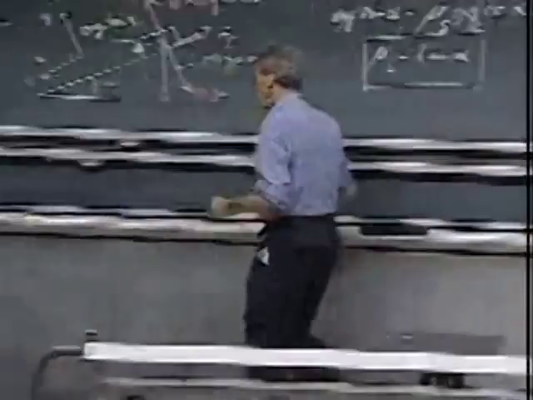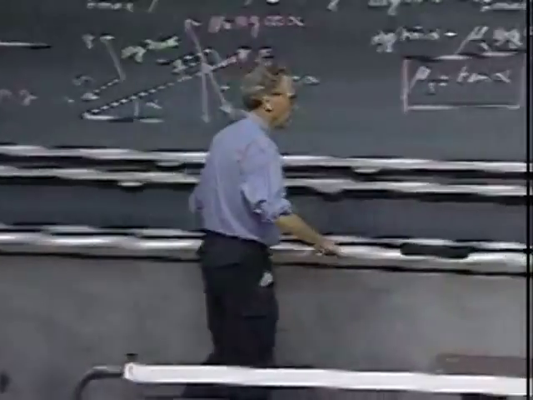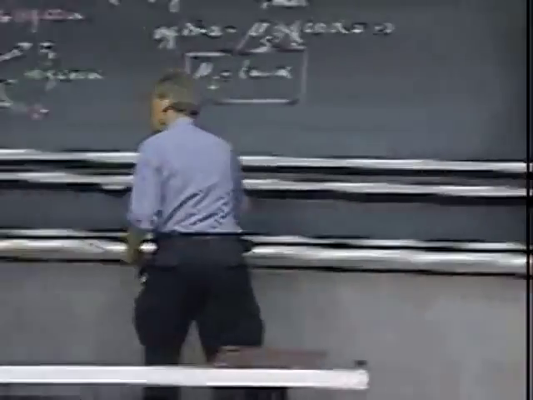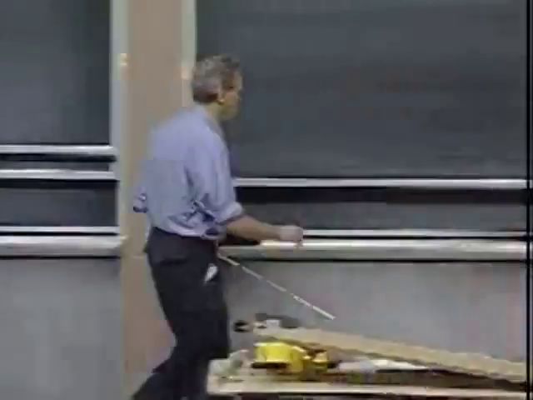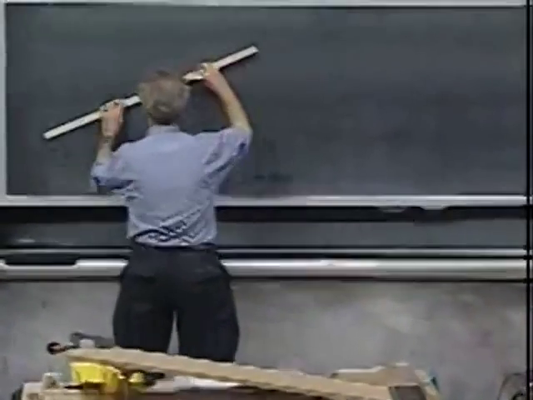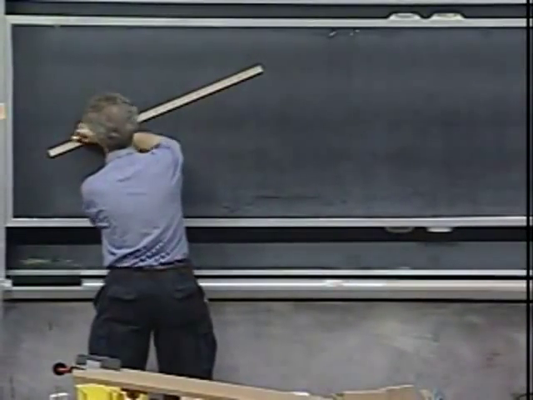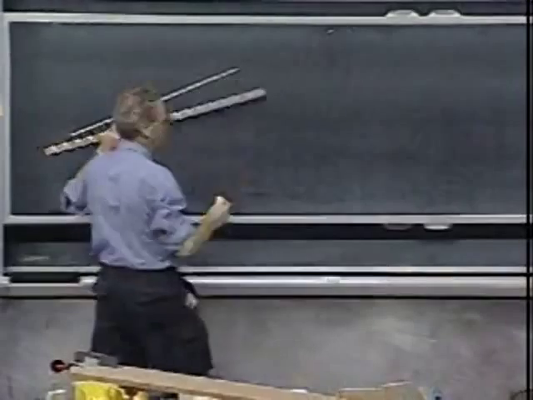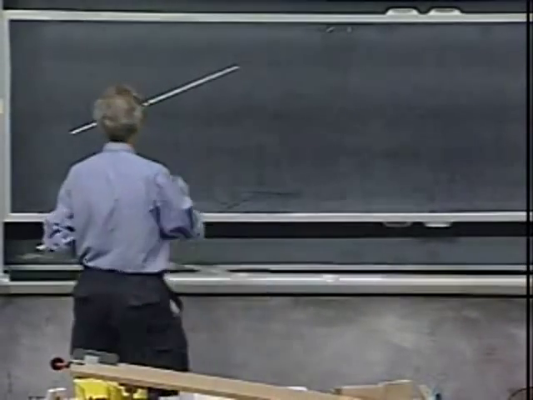I'm going to put an object now on an incline again, as we did before, and instead of having it sit on its own, I'm going to attach to it a string.